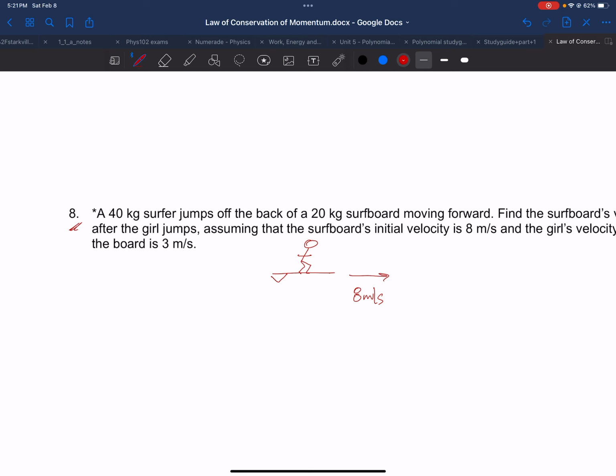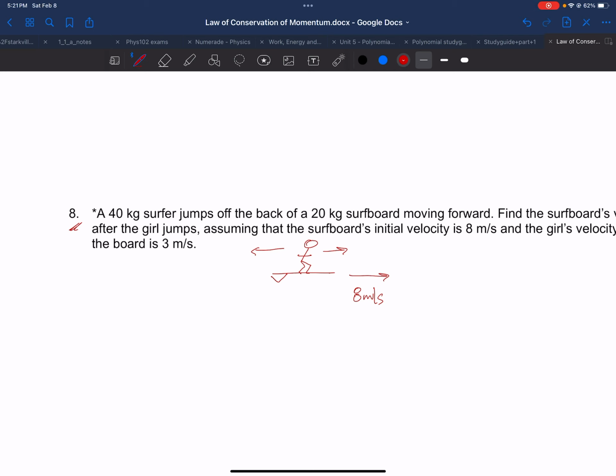So you can either have her jumping this direction, which if it's moving at 8 meters per second, just to give you a little bit of a reality check, that's a little bit difficult to do, because she's going to have the equivalent of like 11 meters per second going backwards in order to get the reality of negative 3. If you want to make her travel 3 meters per second going forward, that's fine too.